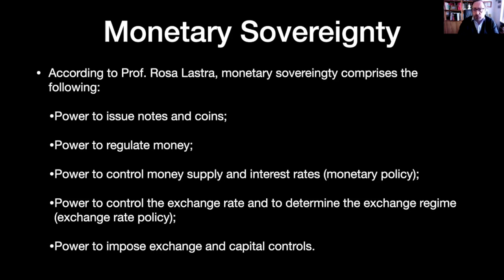It's the power to issue notes and coins. It's the power to regulate money: how can you use money, which type of means of payment you, as a business, are forced to accept, and which ones you cannot accept. The power to control money supply and interest rates, very important monetary policy.